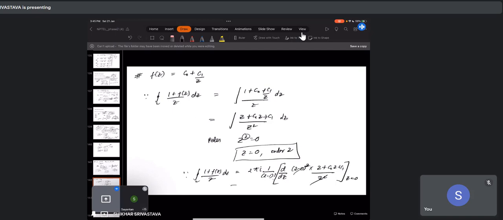This cancels out, so you have 2 pi i times, just differentiate this, so it will be 1 plus c naught at z equal to 0. There is no z term, so the answer will be 2 pi i times (1 plus c naught).